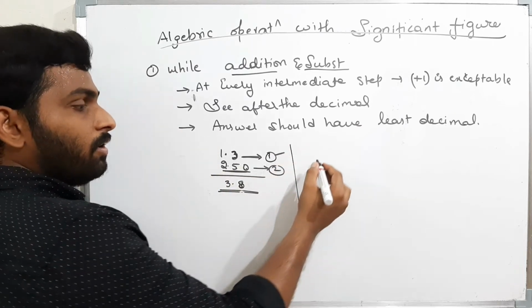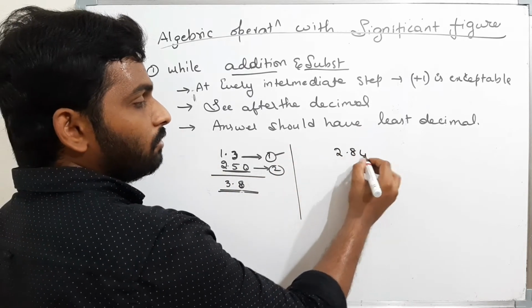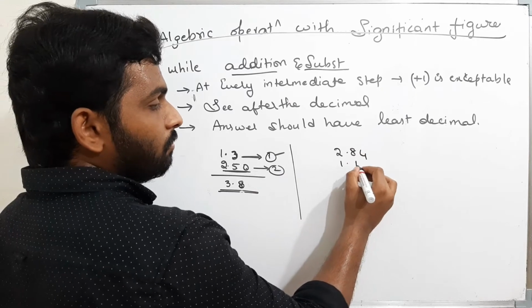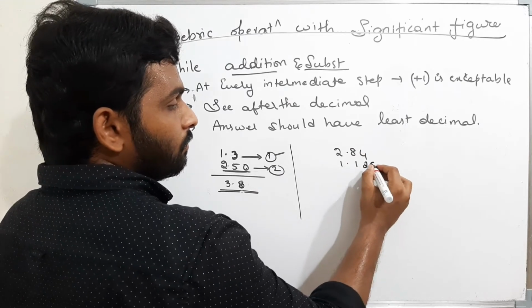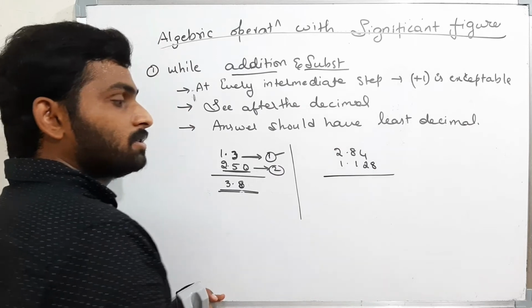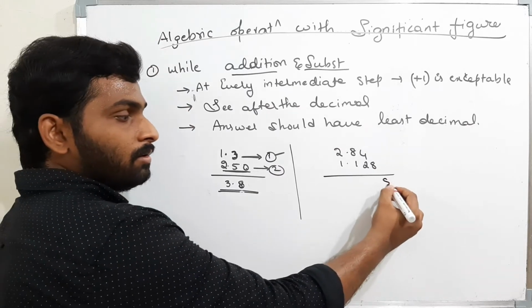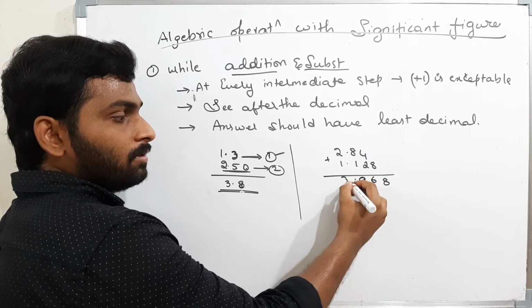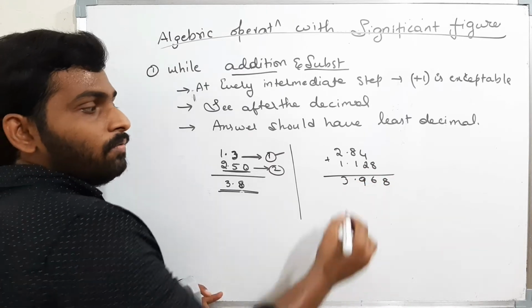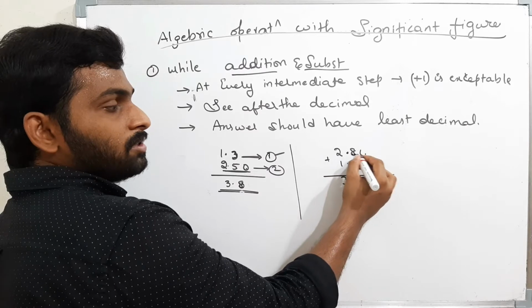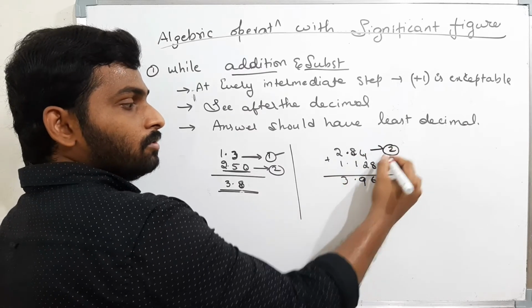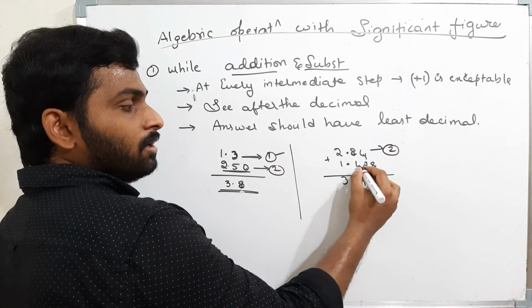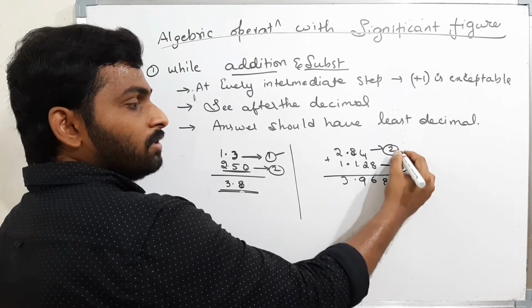Now we will see one more example for clarity. 2.84, 1.12, 8. What is the answer for this? I am adding: 3.968. Now for this, after the decimal, how many digits are there? 2. For this, how many digits after the decimal? 3. Which is the least?